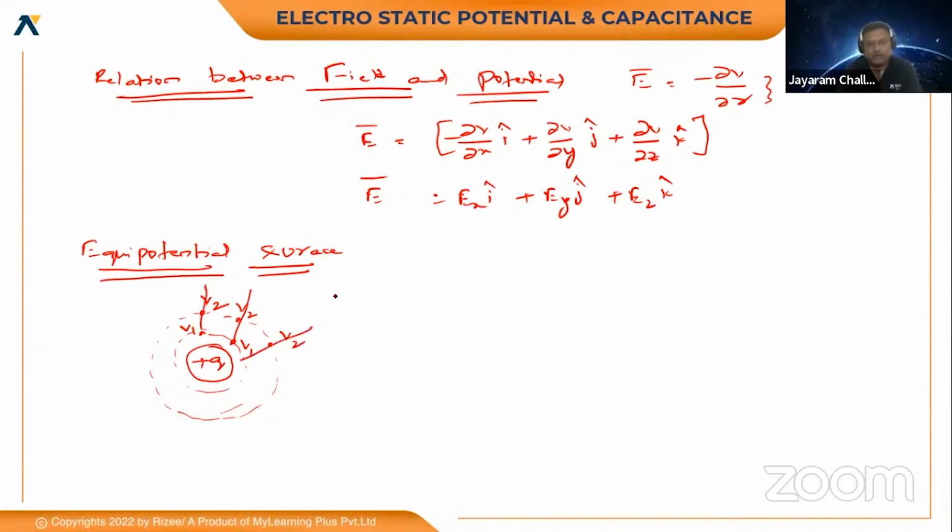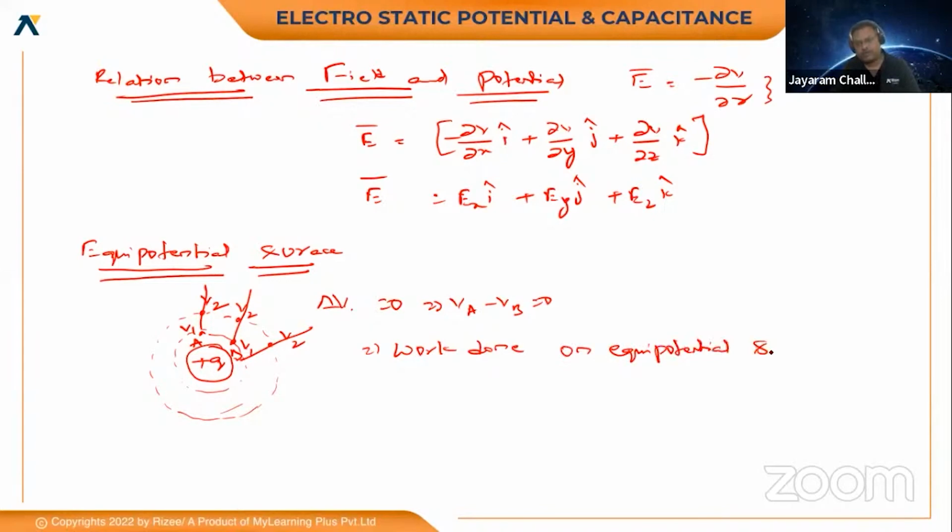So what will happen on the equipotential surfaces? Potential difference will be zero. That is delta V is equal to zero. If I take this as a point A and this as a point B, in the sense VA minus VB is equal to 0. That implies work done on the equipotential surface is 0.